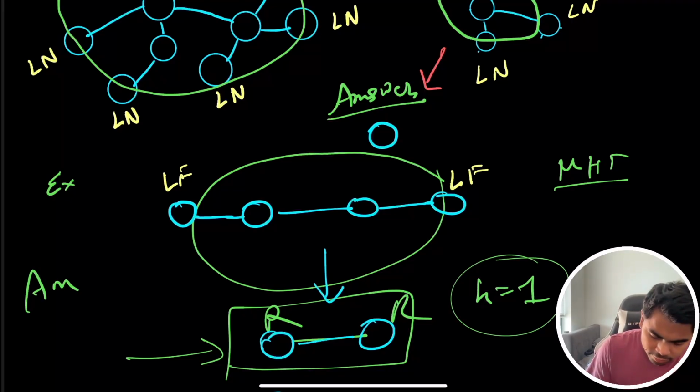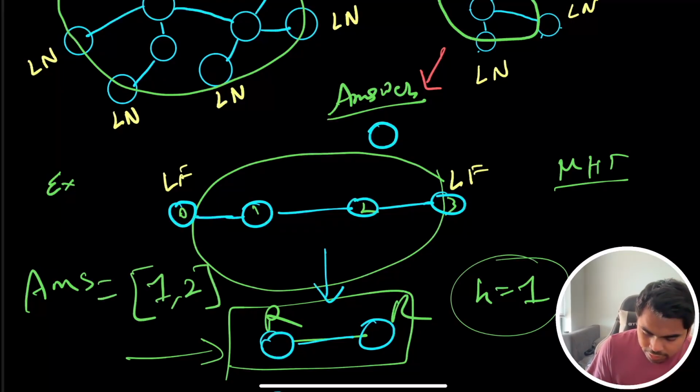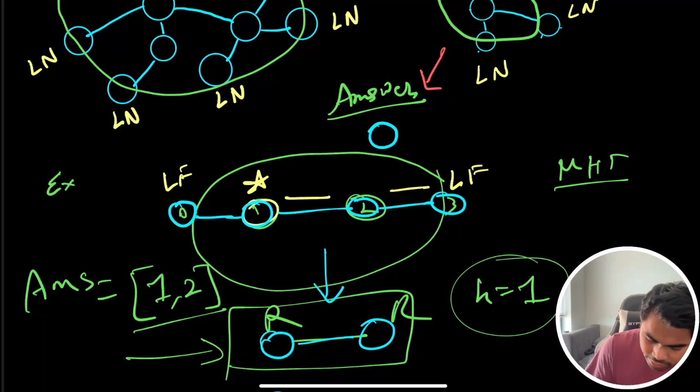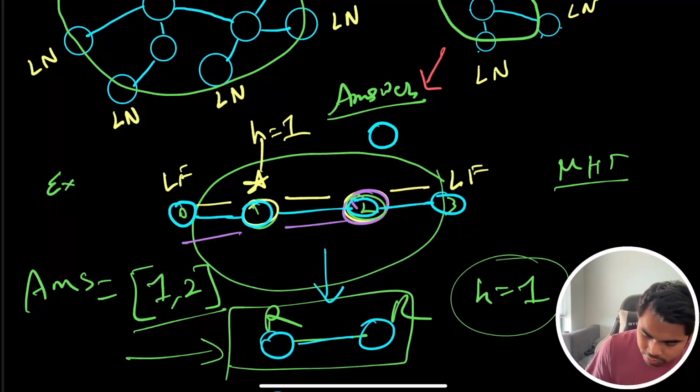So let's say if my nodes were 0, 1, 2, and 3, my answer would be 1 and 2. And the reason is, choosing both of these will give me the same height. If I choose this one as my root, then the height is 1, and if I choose this one as my root, then the height would still be 1.